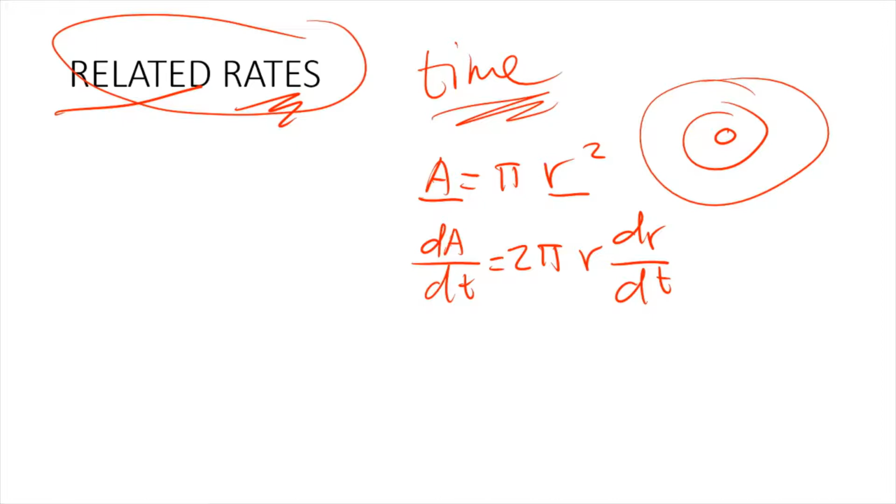So to solve related rates, we have some guidelines. Number 1, just like with optimization problems, we can make a sketch of the system or the situation being described in the problem.